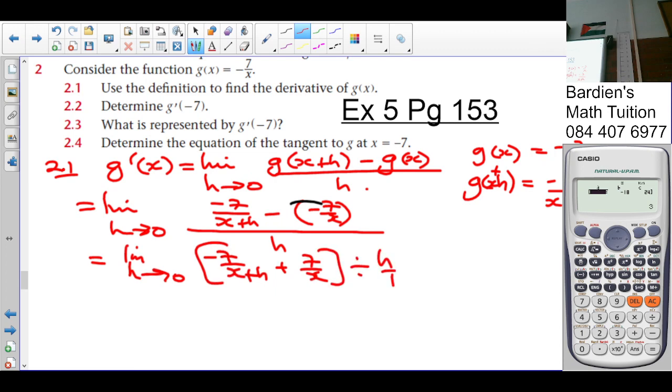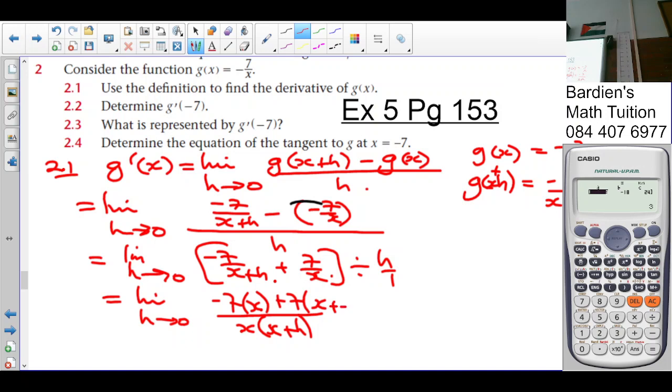What's your LCM inside the bracket? So we go the limit as h approaches 0, x into x plus h. So the sum is multiplied by x. So it's negative 7 times x plus 7 into, this must multiply by x plus h. Must be multiplied by 1 over h.